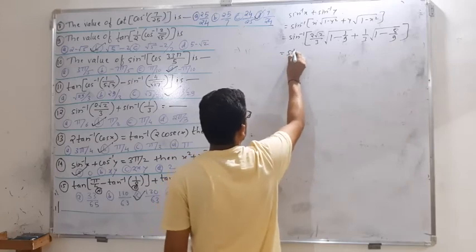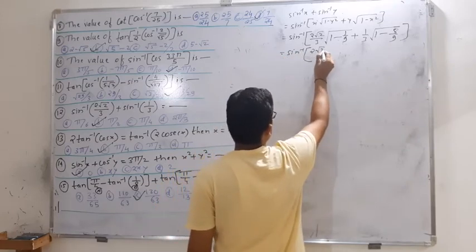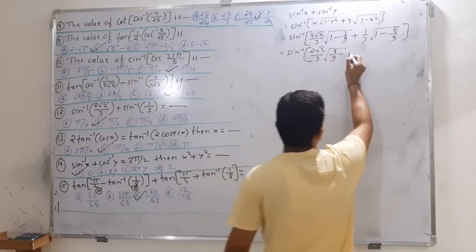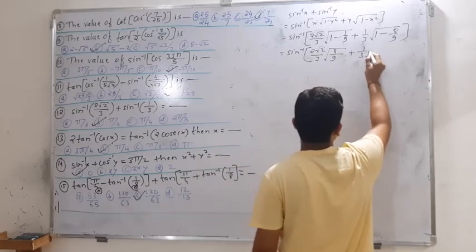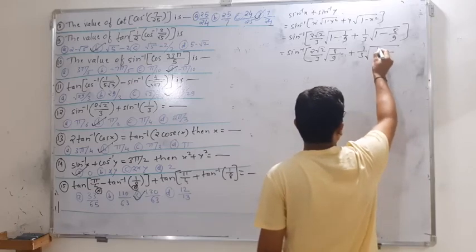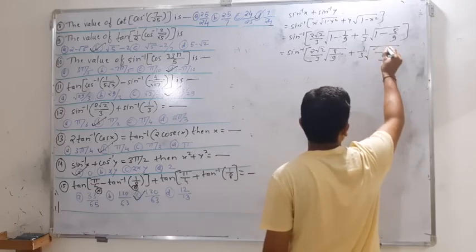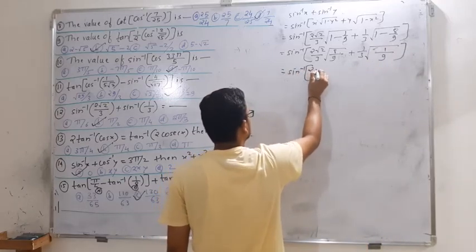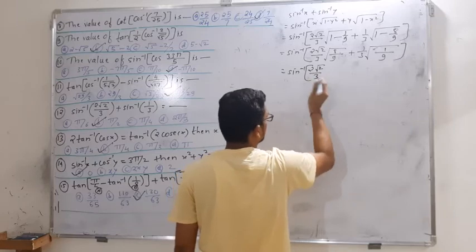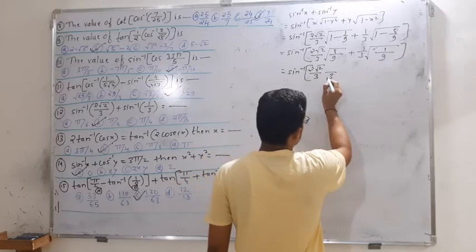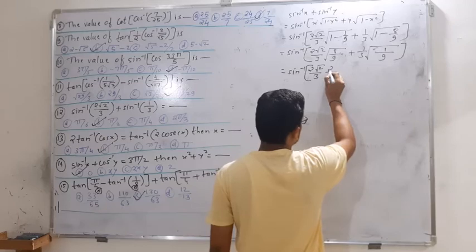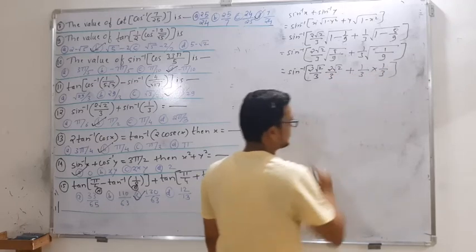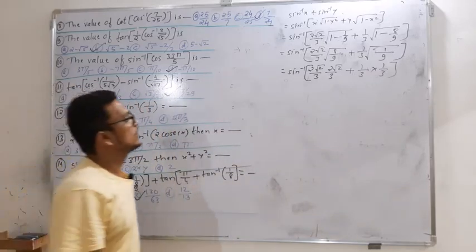So sine inverse of 2 root 2 upon 3. If I take the LCM as 9, 9 minus 1 is 8. Plus 1 by 3 into, LCM is 9, 9 minus 8 is 1. So this equals sine inverse of 2 root 2 upon 3. Square root of 9 is 3, and root of 8 is 2 root 2, plus 1 by 3 into 1 by 3, because root of 1 by 9 is 1 by 3.